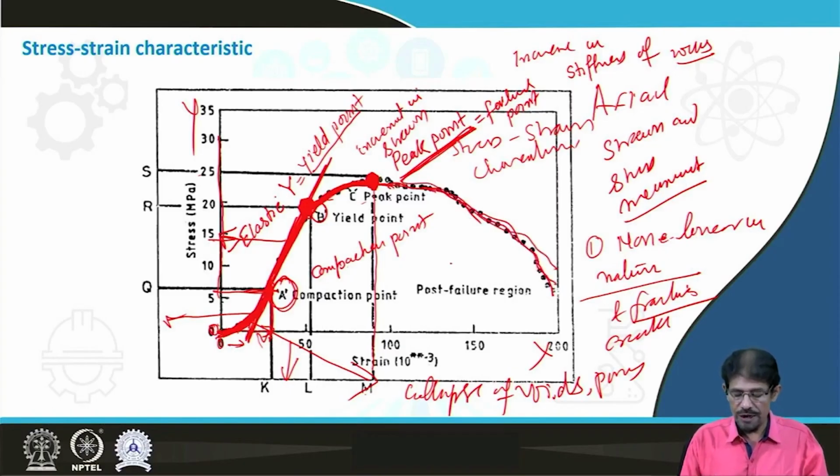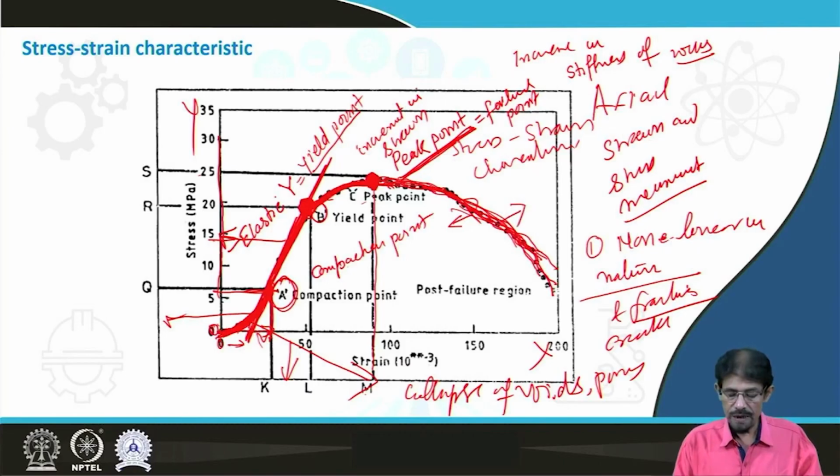Here we can see this rock is still showing some resistance to failure, or having some ability to resist the present stress in the sample. This zone is characteristic of rocks based on stress-strain characteristics after peak.